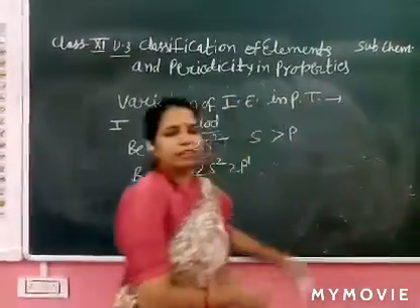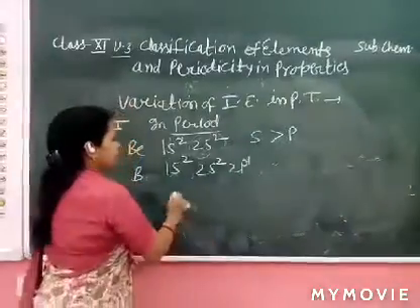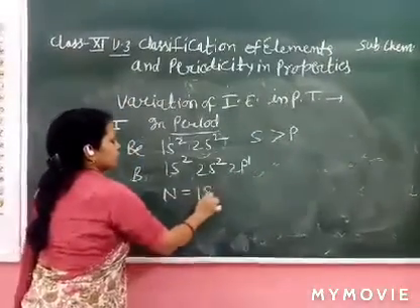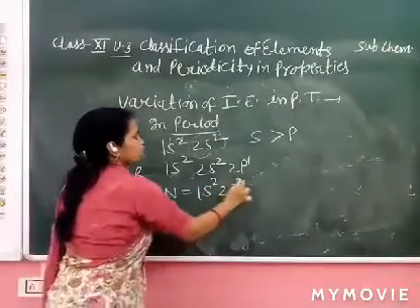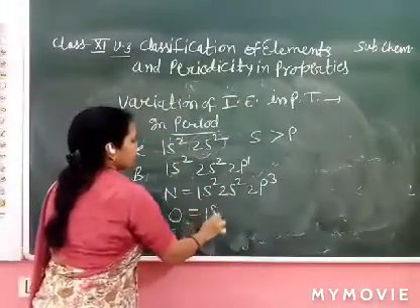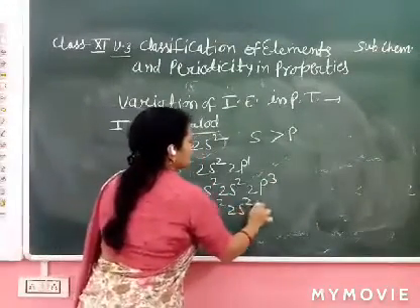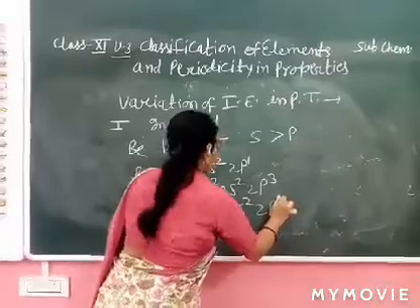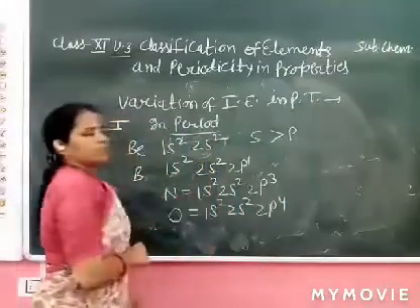How to explain? Again, write down the electronic configuration: 1s2 2s2 2p3 for nitrogen. For oxygen, 1s2 2s2 2p4. Clear?